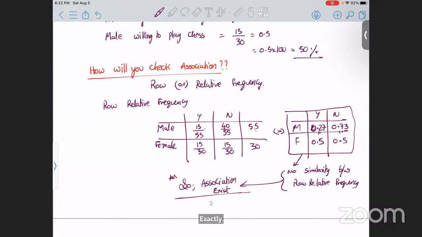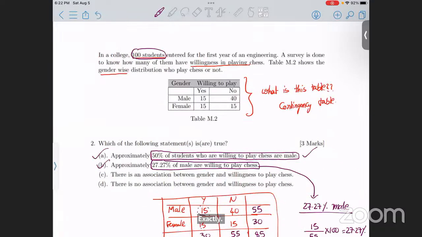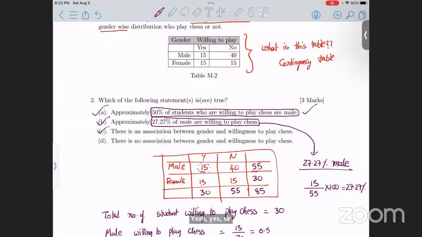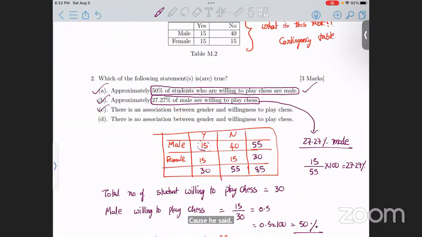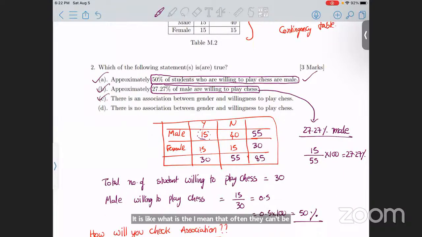So option 3 is correct. Column relative frequency in our data is also true. And finally, option D, no association between gender and willingness, can't be correct because option C is correct. Clear, everyone?